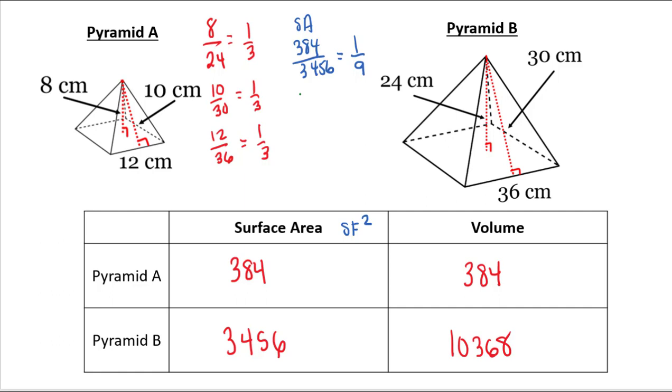Let's now look at volume. 384 over 10,368, and that simplifies in my calculator to 1 over 27. Well, that is our scale factor to the third power. That was the whole point of this, to show you that the surface area of two similar solids is the scale factor squared, and the volume is the scale factor to the third power, or cubed.